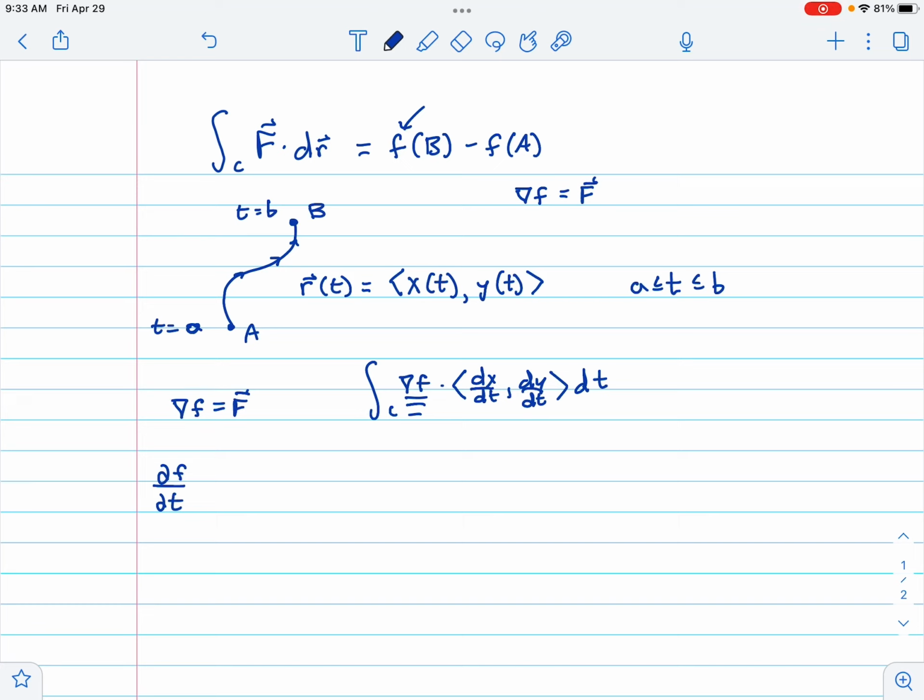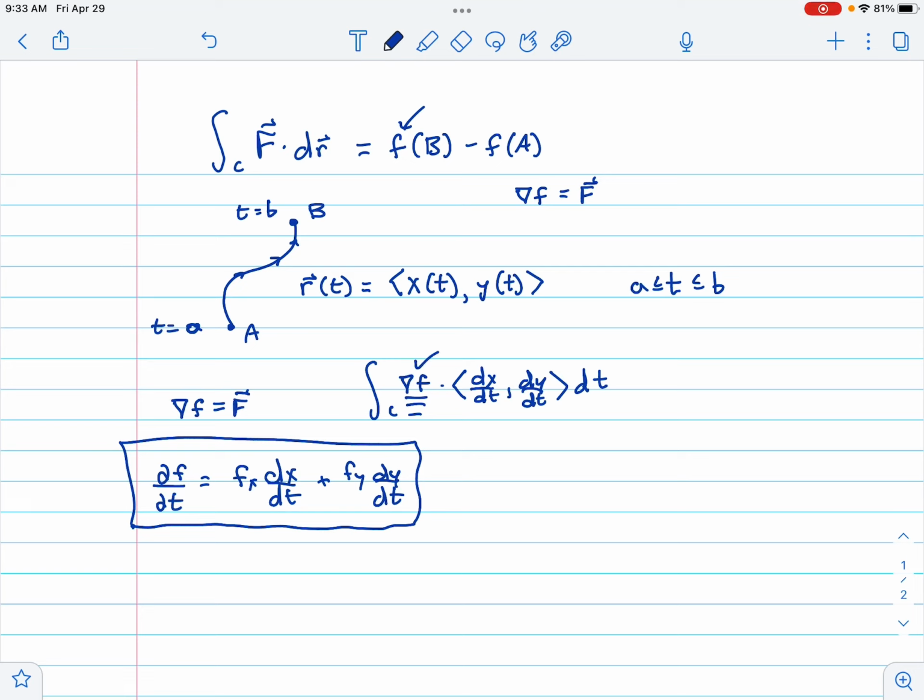Now think about what that would look like. That would be using the chain rule, partial with respect to x, dx dt, plus partial with respect to y, dy dt. This is the chain rule right here.